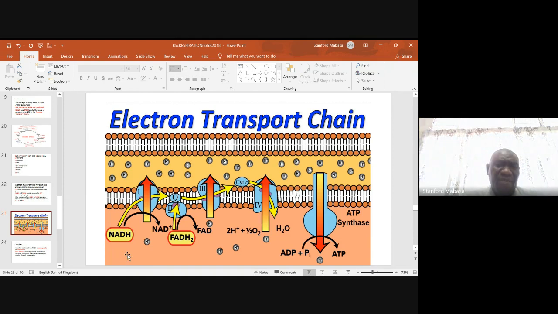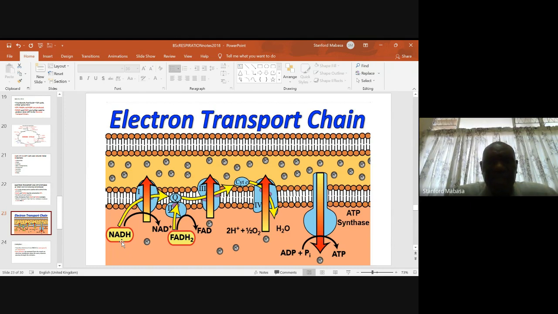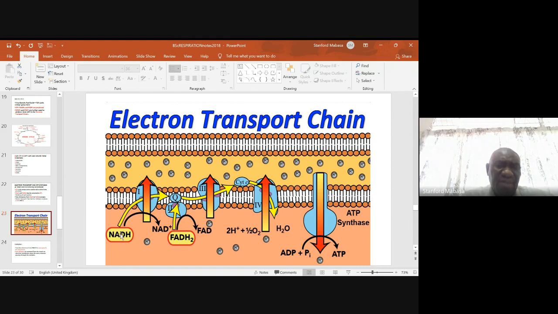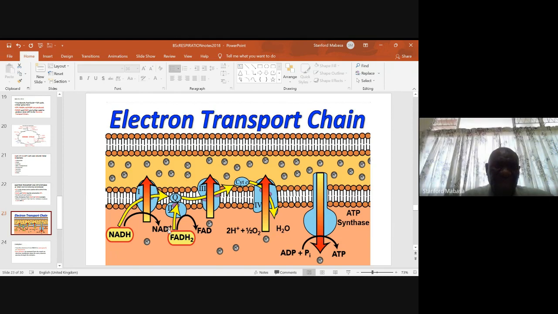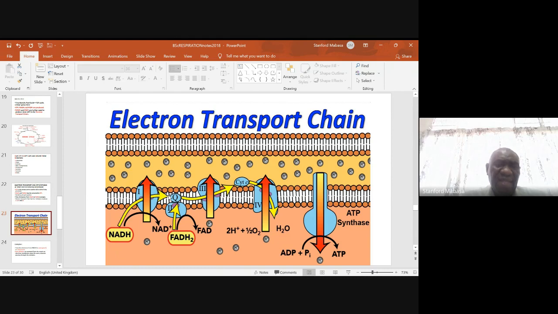So what is going to happen is that NADH from the Krebs cycle will lose an electron and pass it to complex 1, and it is converted now to NAD. Once the electron moves across complex 1, hydrogen will be pumped to the top.